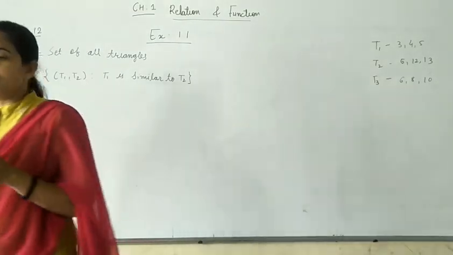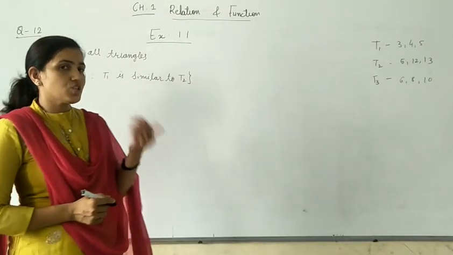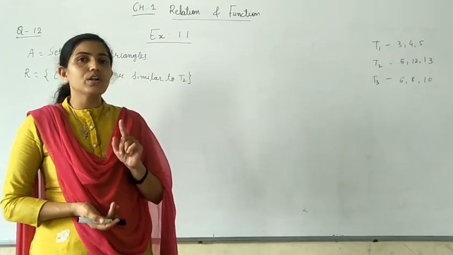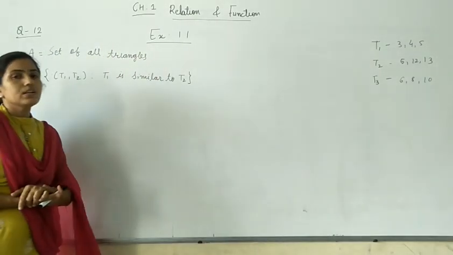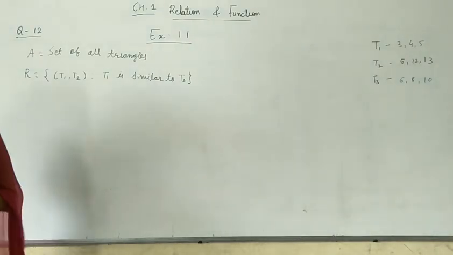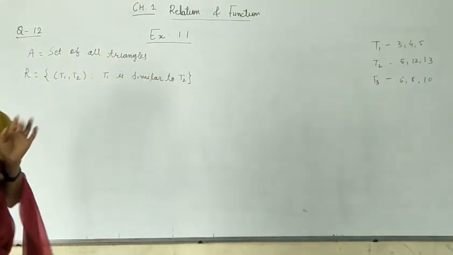If in two triangles the corresponding angles are equal and the ratio of the corresponding sides is equal, then they are called similar triangles. There are many criteria we have learned, so we are not going into detail for that. Only T1 is similar to T2.